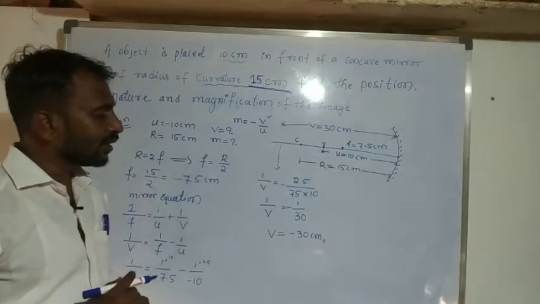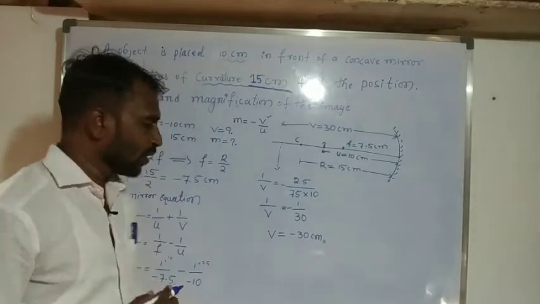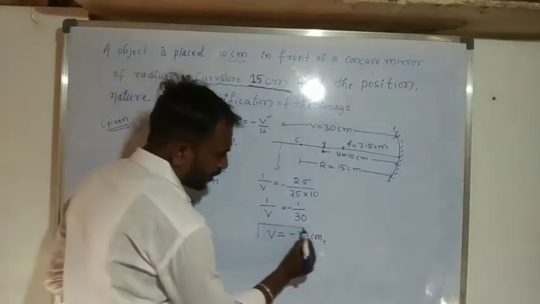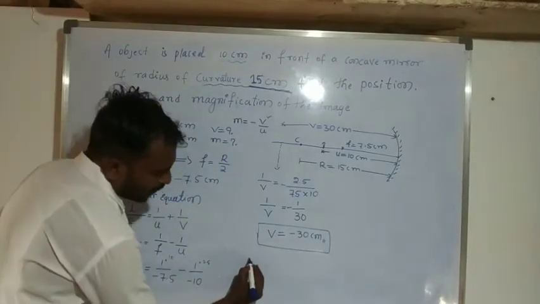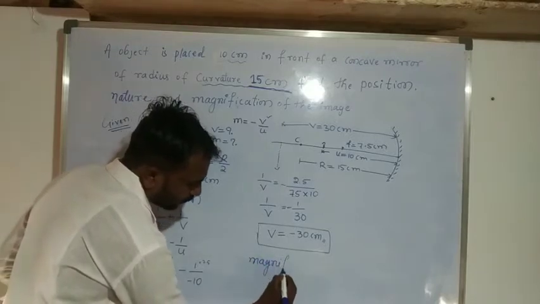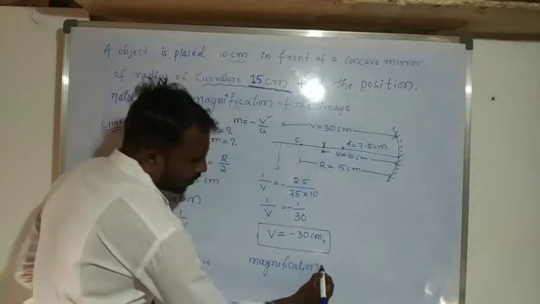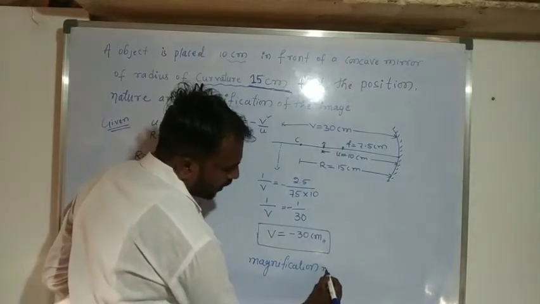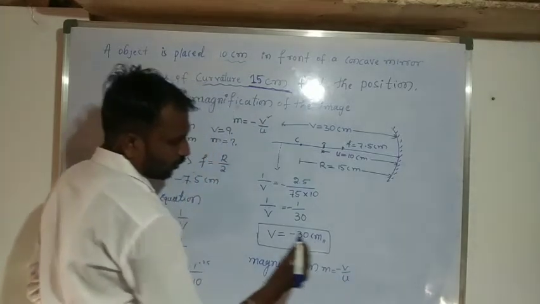Okay, and here we want to find the magnification value. We have image distance v equal to minus 30 centimeter. Next, magnification: m is equal to minus v divided by u.